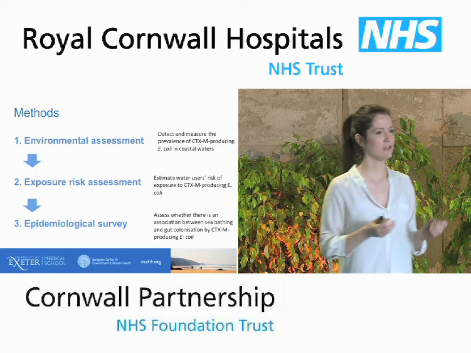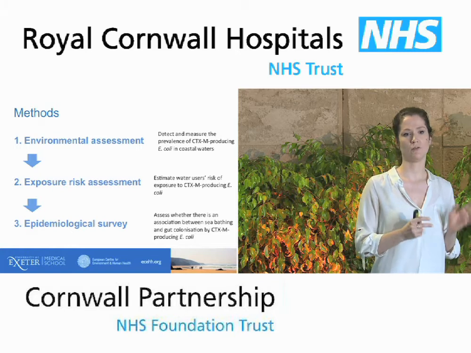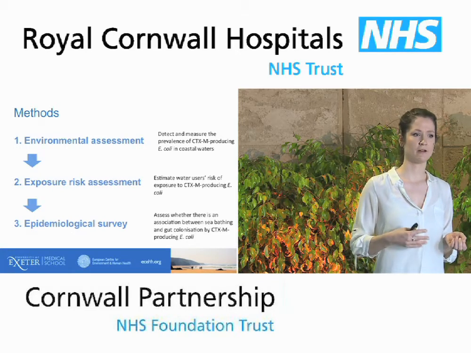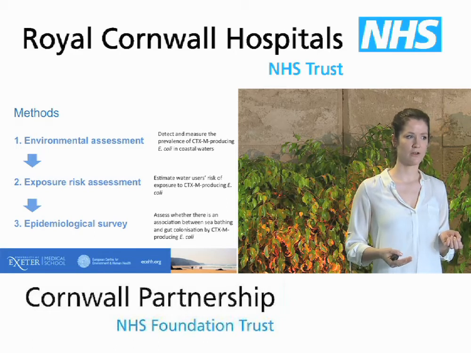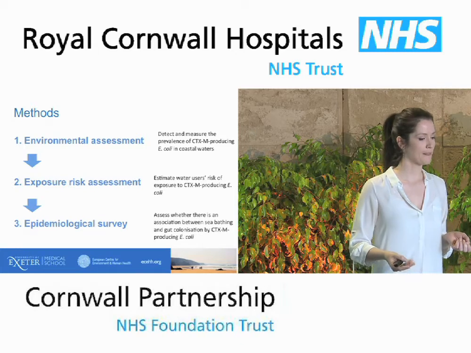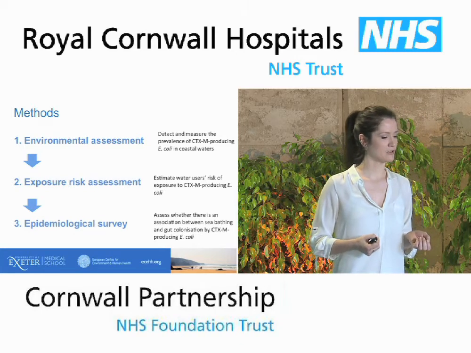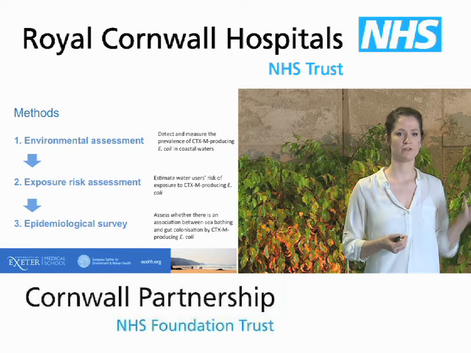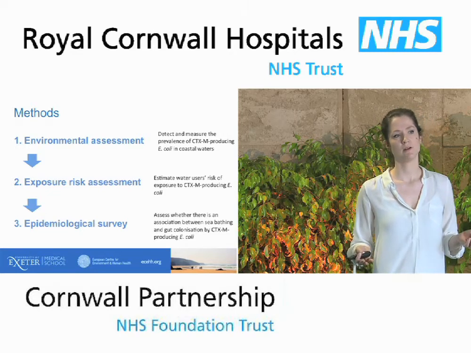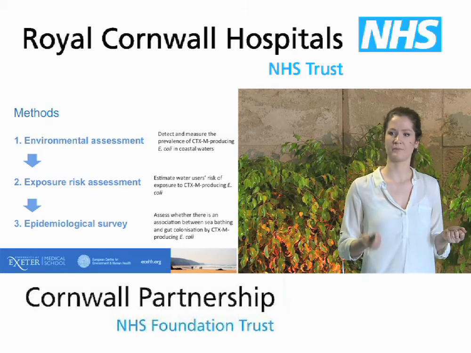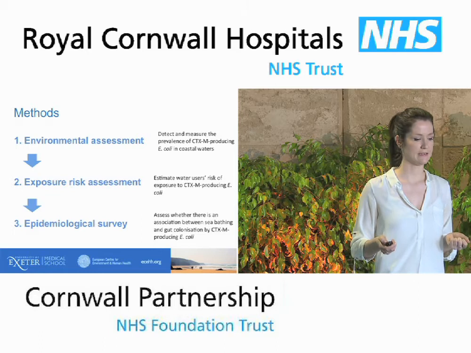The second part was to use that information and apply it to E. coli levels found in the environment in coastal waters to estimate, on average, how many of these resistant E. coli people are swallowing when they do a particular water sport. And the third part was an epidemiological survey where we recruited an exposed group and an unexposed group to our survey and measured their fecal material for E. coli that are harboring these CTX-M genes.